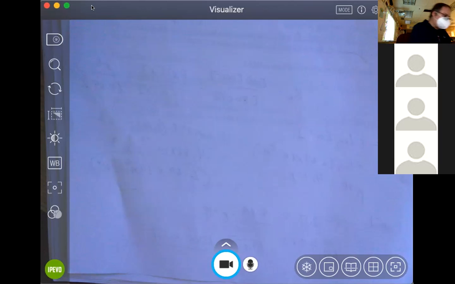Base. This was a proton donor, so this is an acid. What does that make this guy? Conjugate acid. And this guy? Conjugate base.